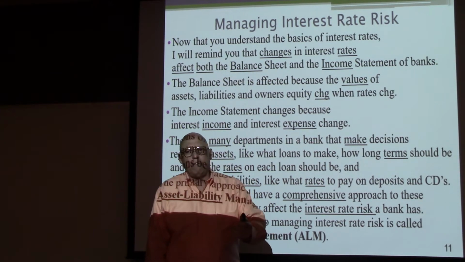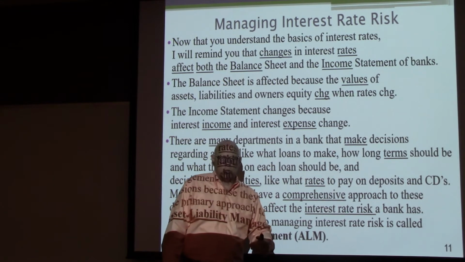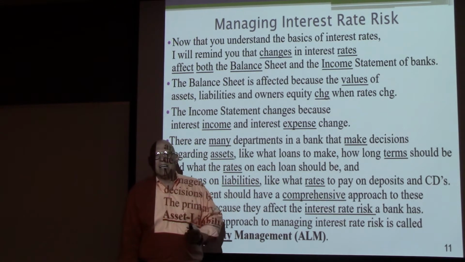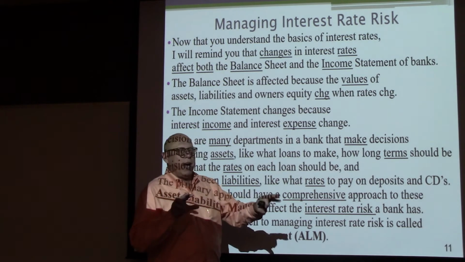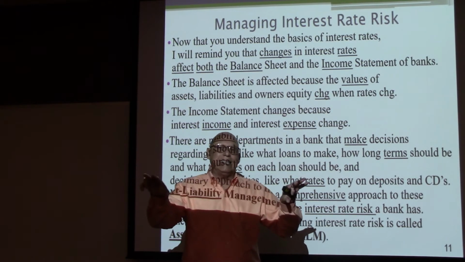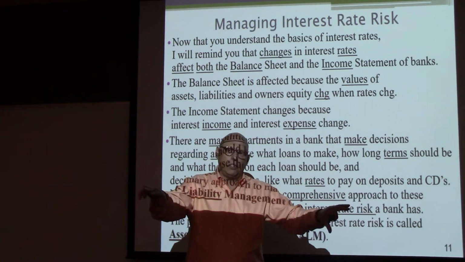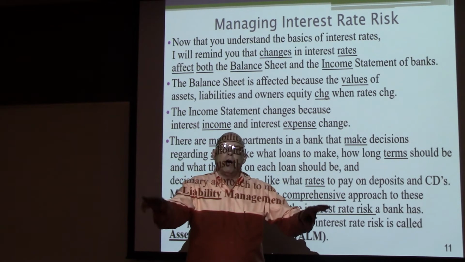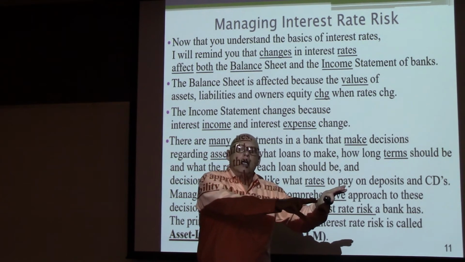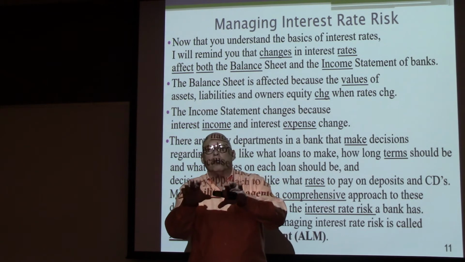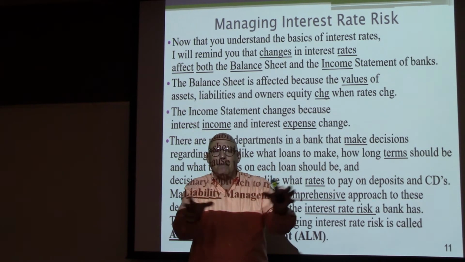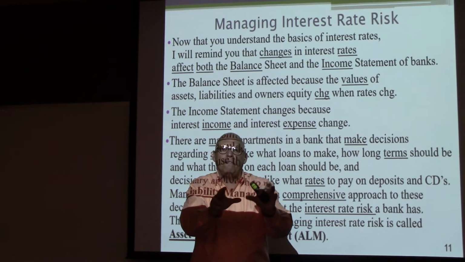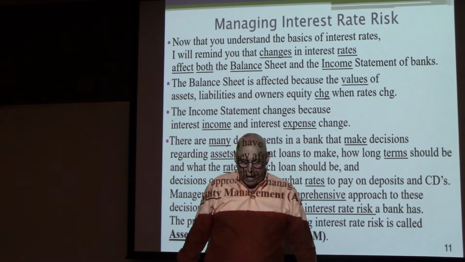Management should have a comprehensive approach to these decisions because all of these decisions together affect the interest rate risk that a bank has. In other words, you cannot have these departments making decisions in isolation of each other. The folks who are making lending decisions need to be communicating with the people who are setting rates on CDs and deposits. They need to be communicating to discuss the profit margin of the bank, the spread.